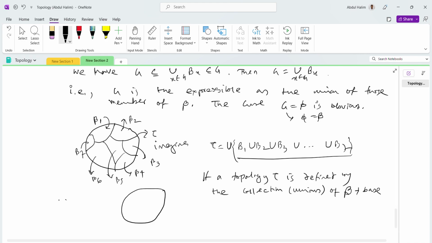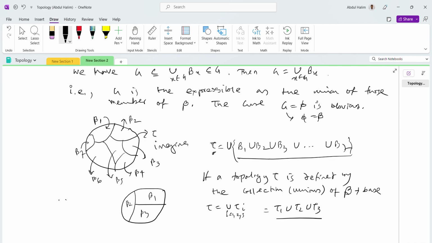Again, nice questions will arise. If a topology tau is defined by the unions of the collection beta, the base, now the question may arise: this picture has 7 base elements. Will all 7 base elements be needed to form this topology?